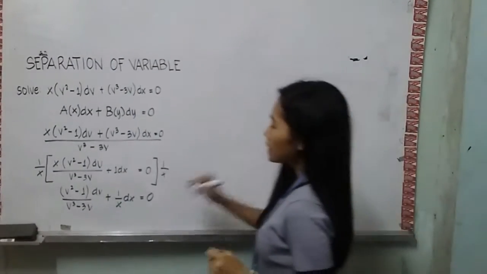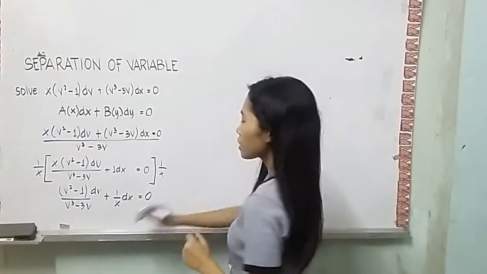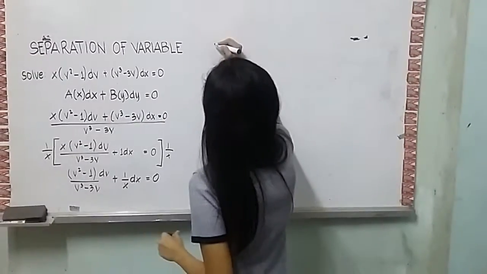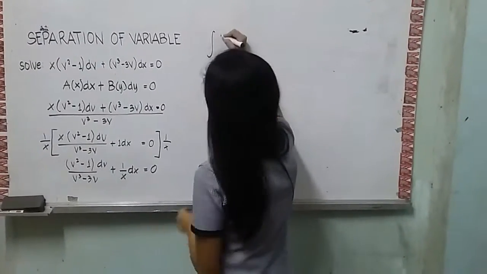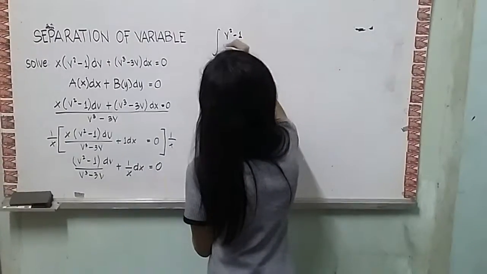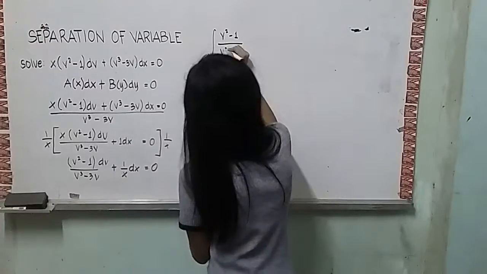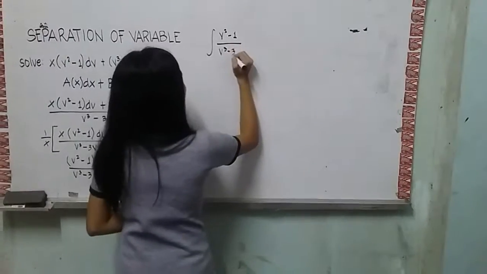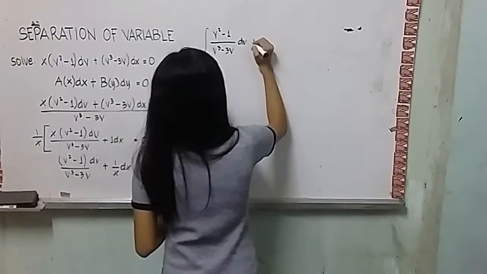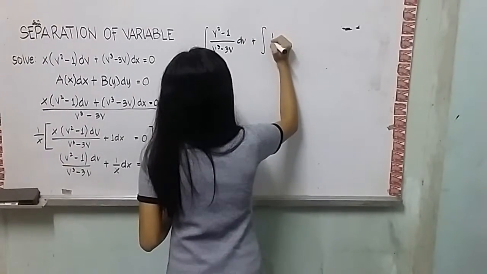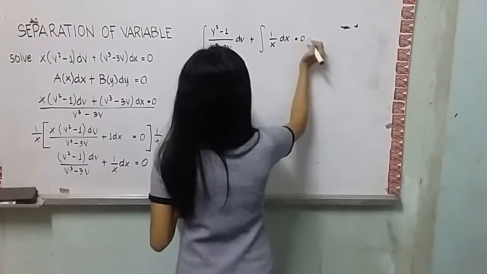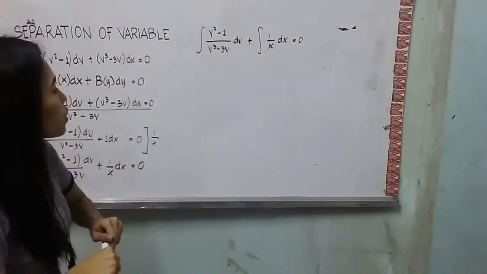So the next thing we will do is to integrate this equation. So we will have the integration of (v squared minus 1) over (v cubed minus 3v) dv plus the integration of 1 over x dx equals 0.